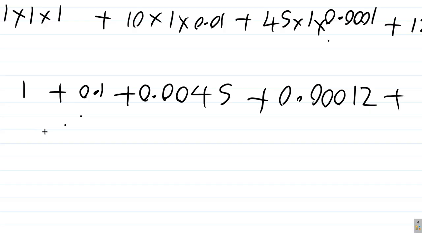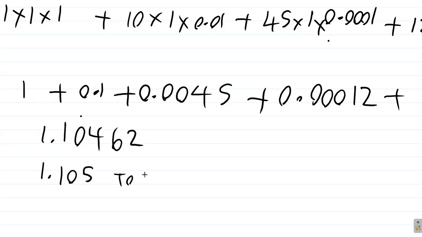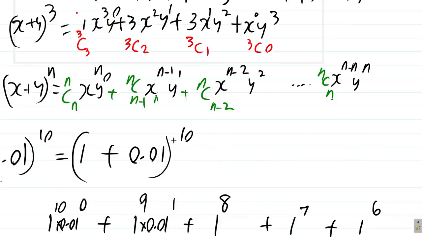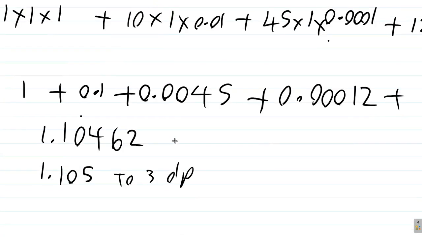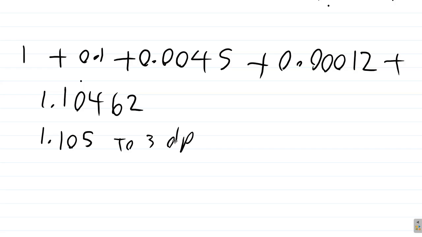This would amount to 1.10462, but in writing it to 3 decimal places, this will be 1.105 to 3 dp. So that was 1.01 to the power of 10 to 3 decimal places.